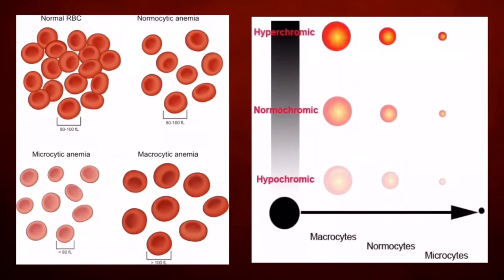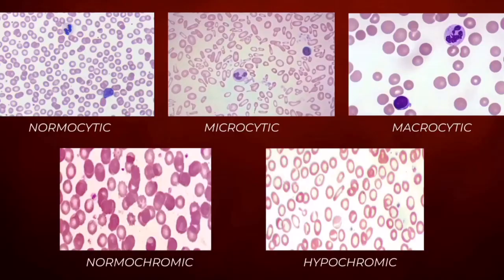I guess these pictures are very useful for you to understand the types of anemias. Based on size, it is normocytic, microcytic and macrocytic, and based on color, it is normochromic and hypochromic. These are the very important pictures which you will see under the microscope.